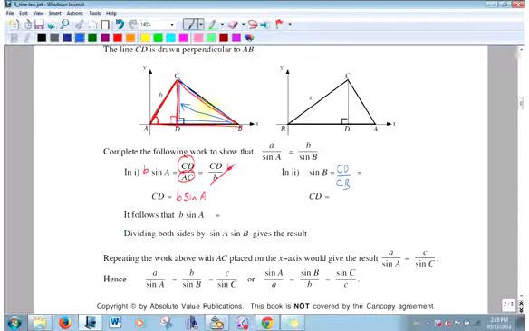I'm going to call that little a. So I also want to solve this one for CD. How do I solve this for CD? Multiply both sides by A, and CD is A sine angle B. That's just grade 10 stuff.